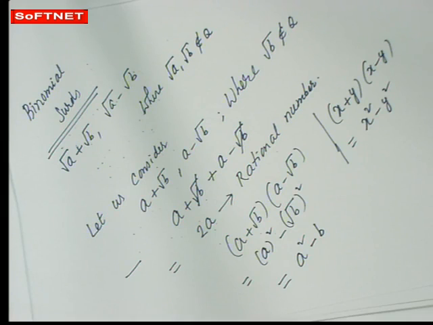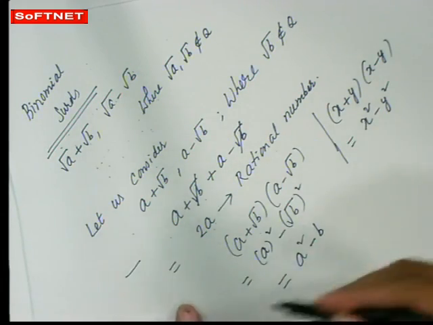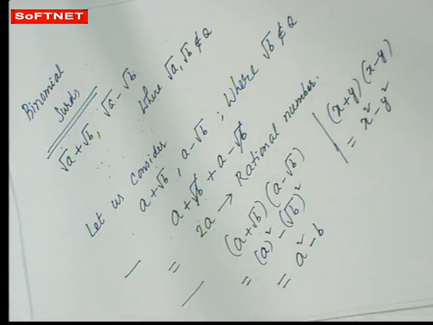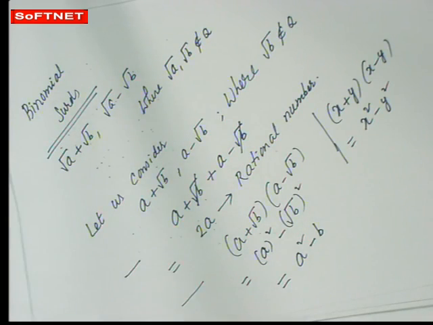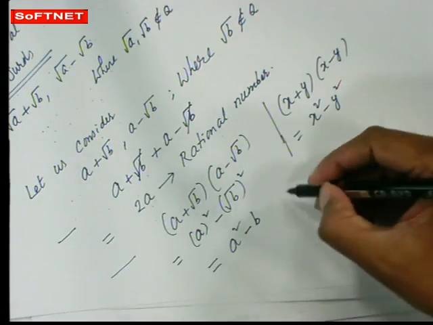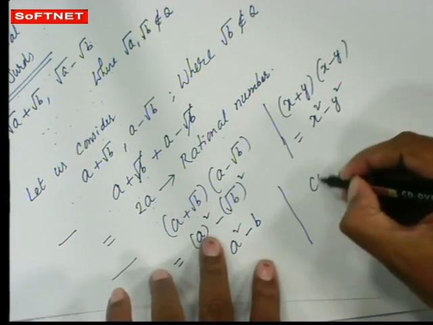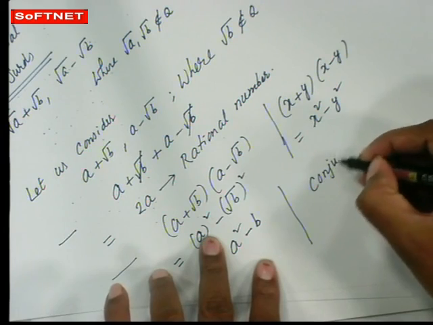So what do you observe? The sum and the product of a plus root b and a minus root b are rational numbers. So hereafter these two are called conjugate surds.